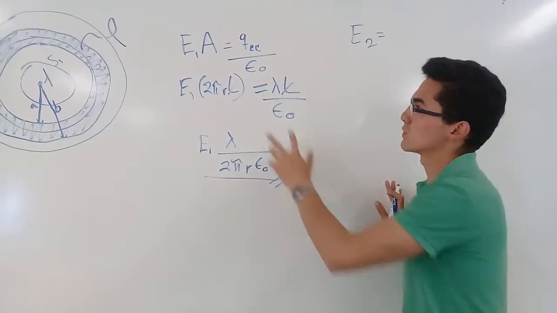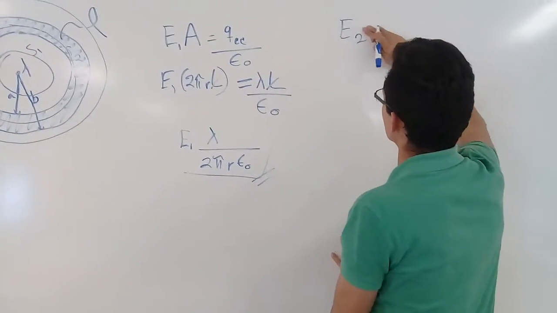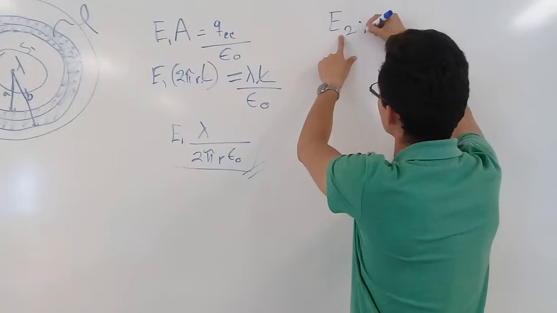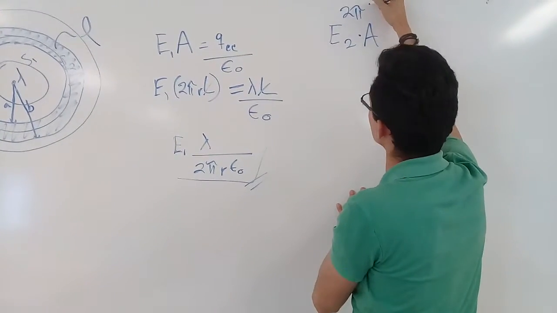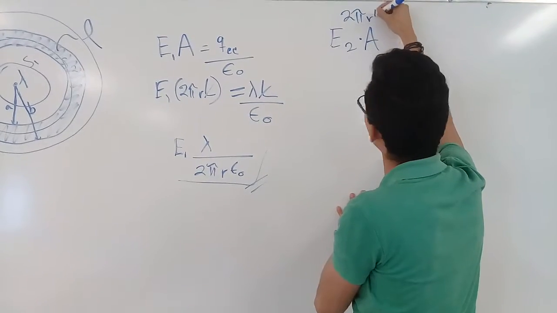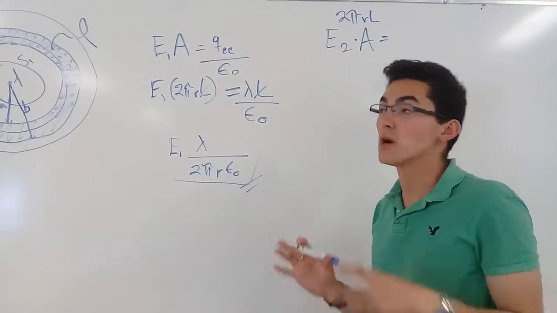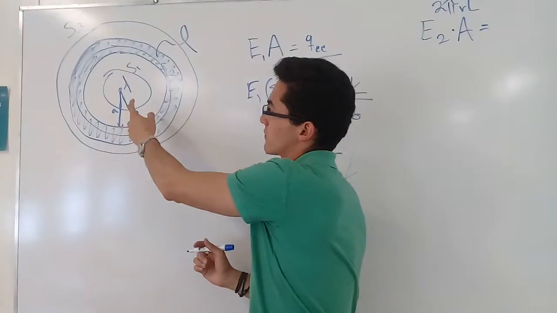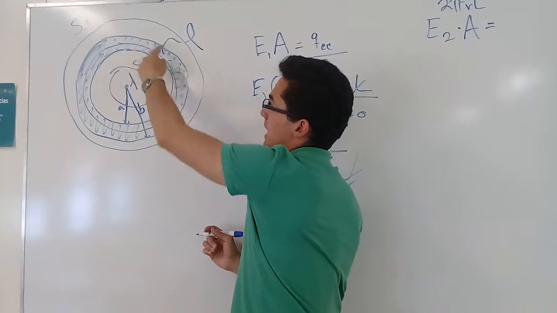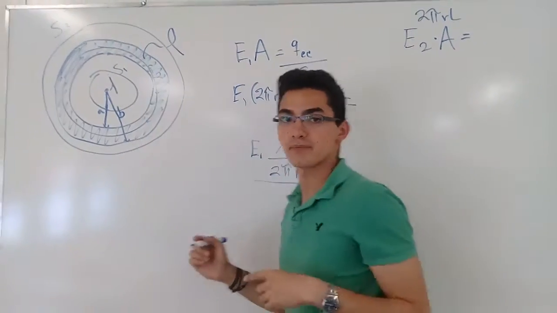We will have to use this exact formula that says that our electric field times our area, that will be exactly the same, 2 times pi r L, will be equal to, we have to use two different things, the hollow part and the part of the cylinder, because we are using the S2.